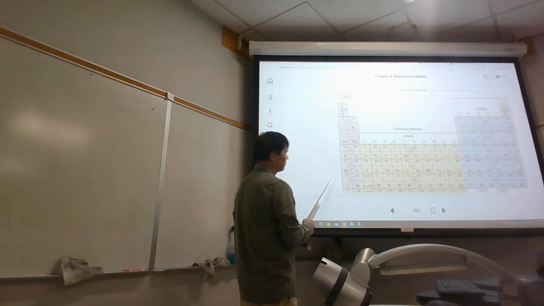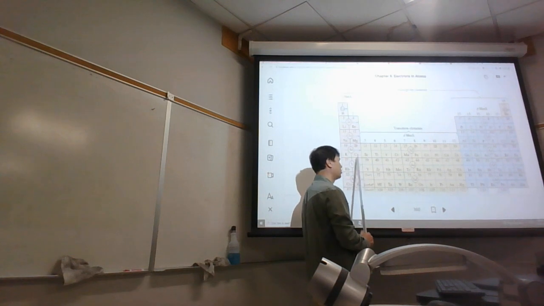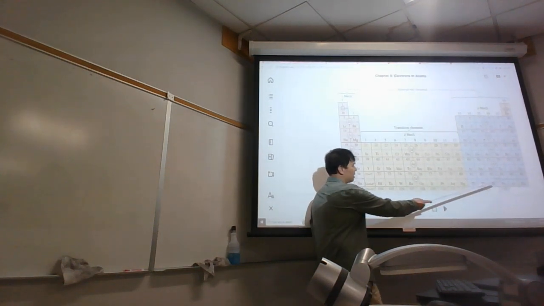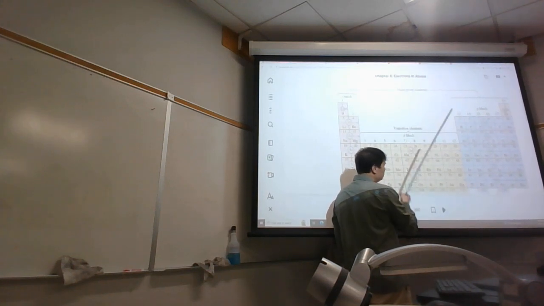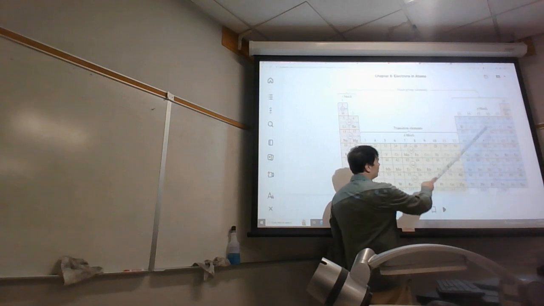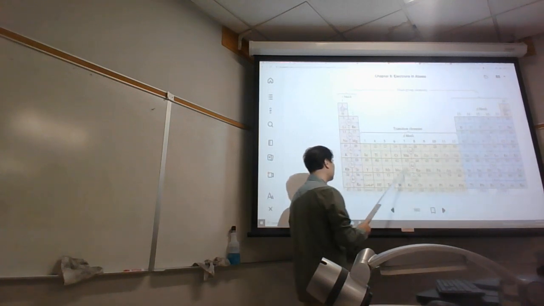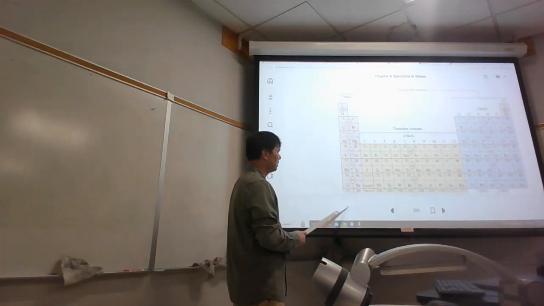And then the properties gradually change from metallic properties on the left to non-metallic properties on the right. So the most non-metallic element is at the top right, and the most metallic element is at the top left. Cesium and francium are the most metallic elements.